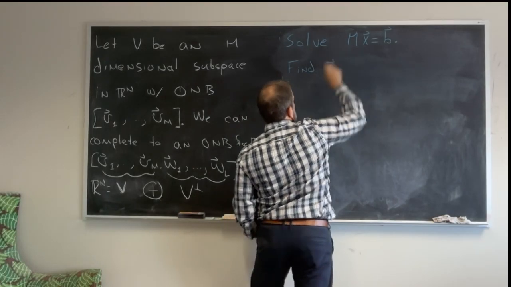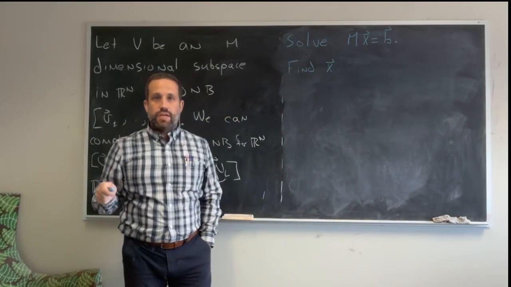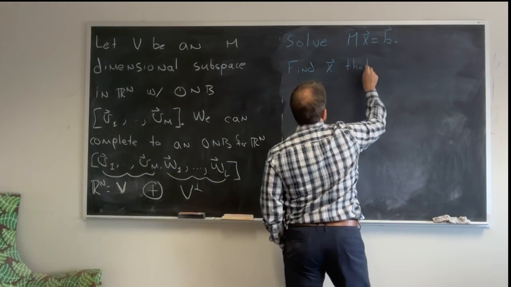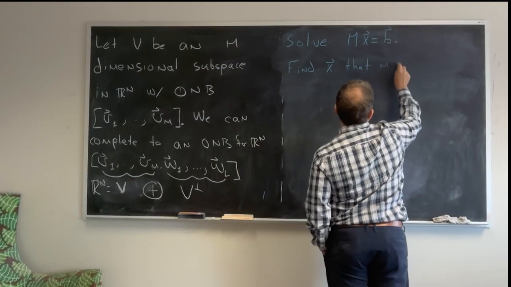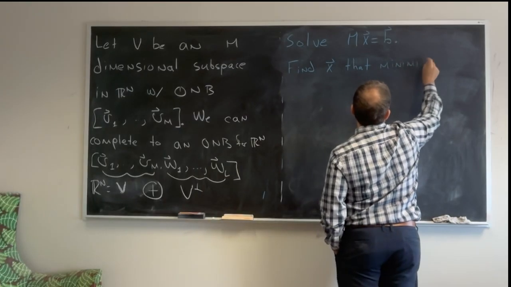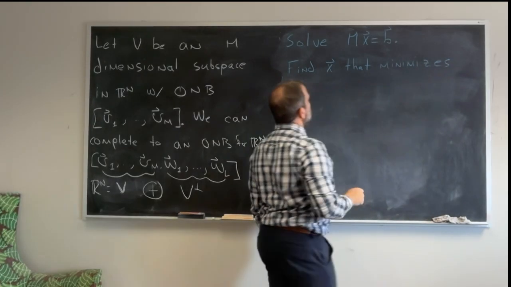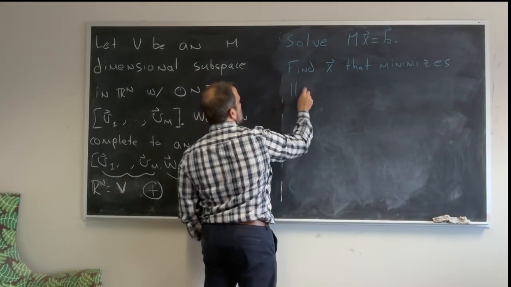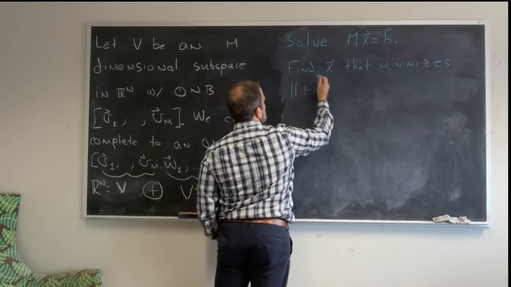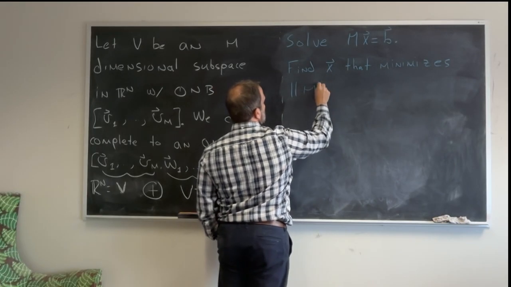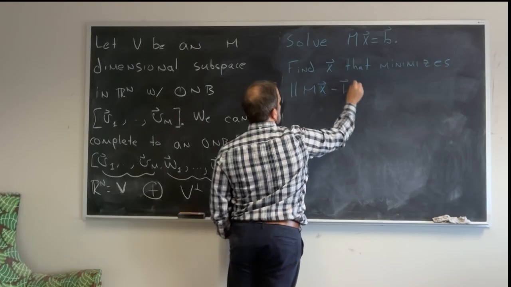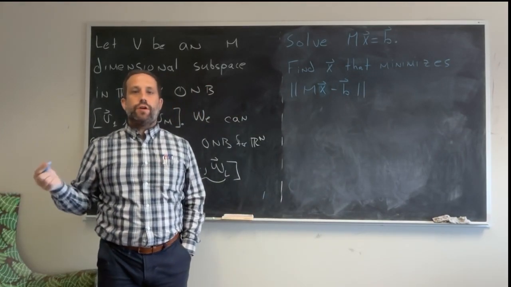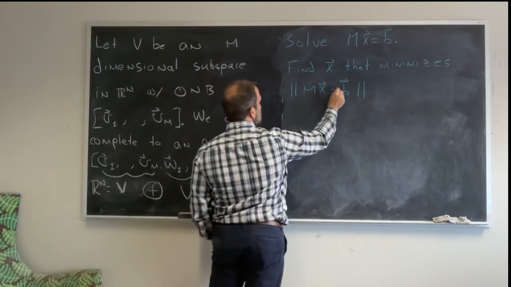The dimension of x is going to be equal to the number of columns of M. So we want to find an x that minimizes Mx minus b, and again, relative to some norm induced by some inner product.